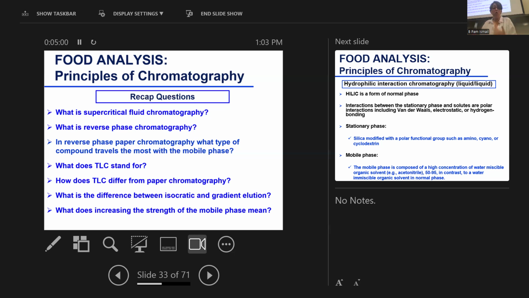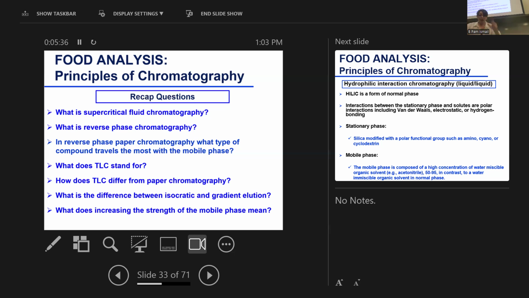You're making it stronger to elute, to get your compounds that interact with the stationary phase to leave the column. And that explains increasing the strength of the mobile phase. Depending on your starting mobile phase, if it is polar, over time you decrease polarity, that's increasing the strength. If your starting mobile phase is nonpolar, like 100% acetonitrile or methanol, over time you add water, you make it more polar.